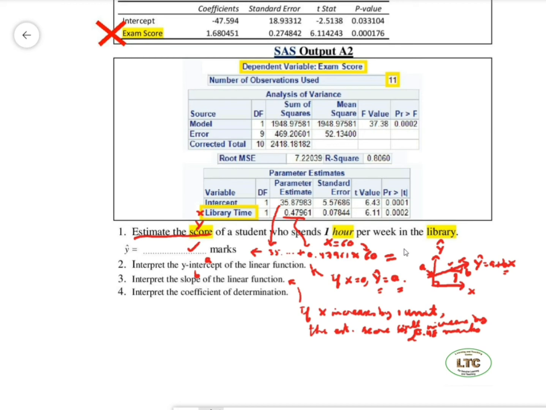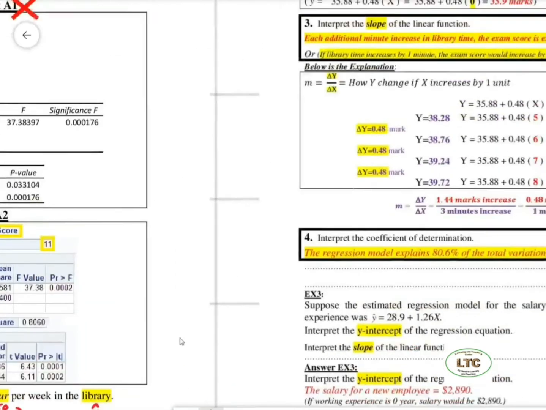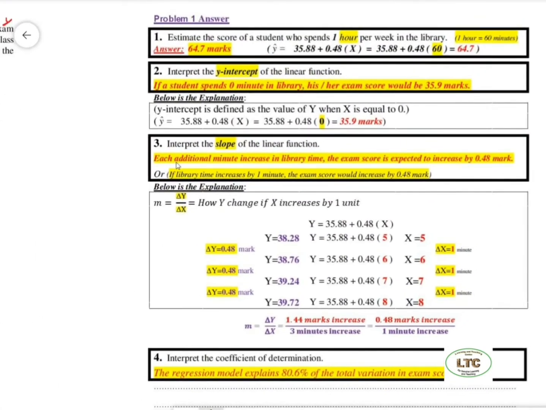So you write it correctly and simply. Example writing here: for each additional minute in library study time, the exam score is expected to increase by 0.48 marks.